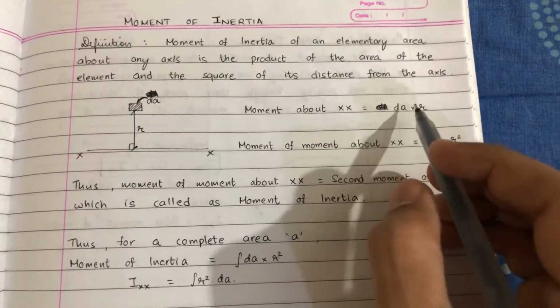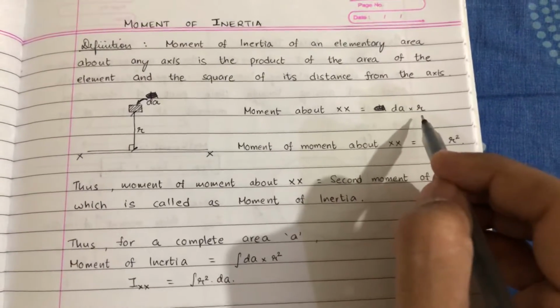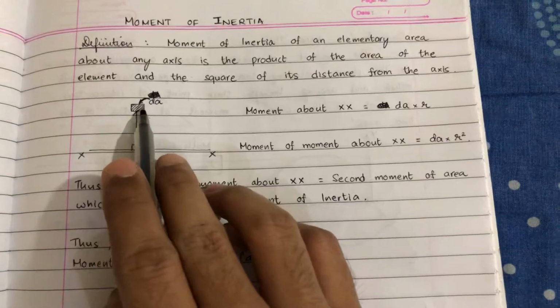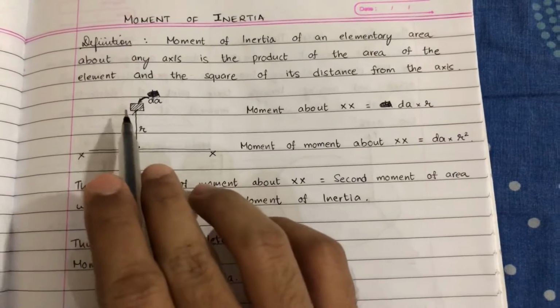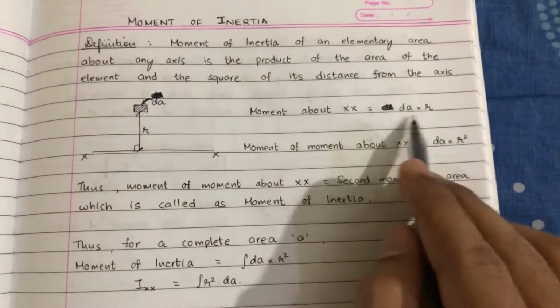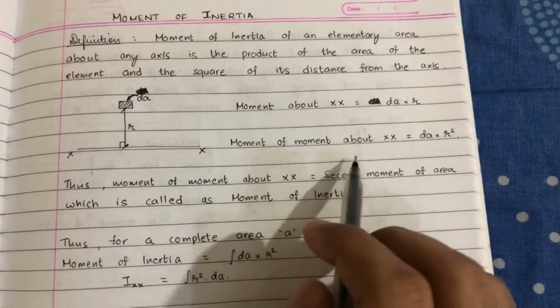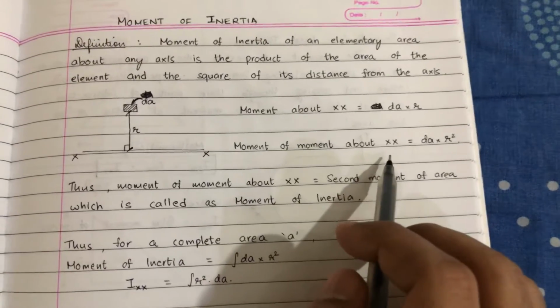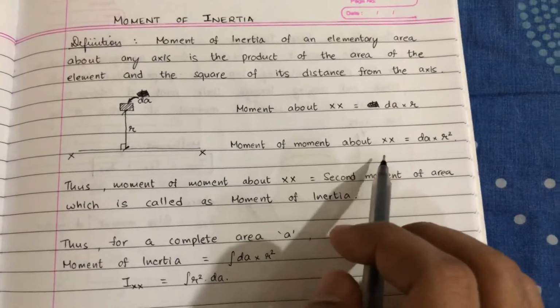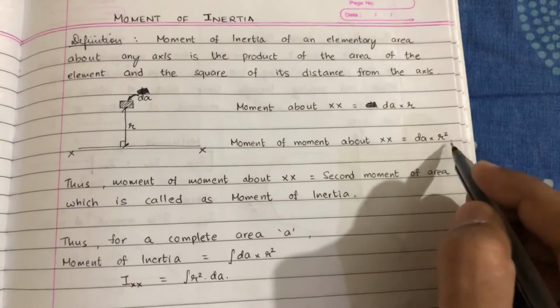But in this case, we are considering it as area into perpendicular distance, dA into r, because this is a very small area. So we can assume it as a very small force. So dA into r. So moment about xx axis. What will that be? Moment of moment, that will be dA into r square.